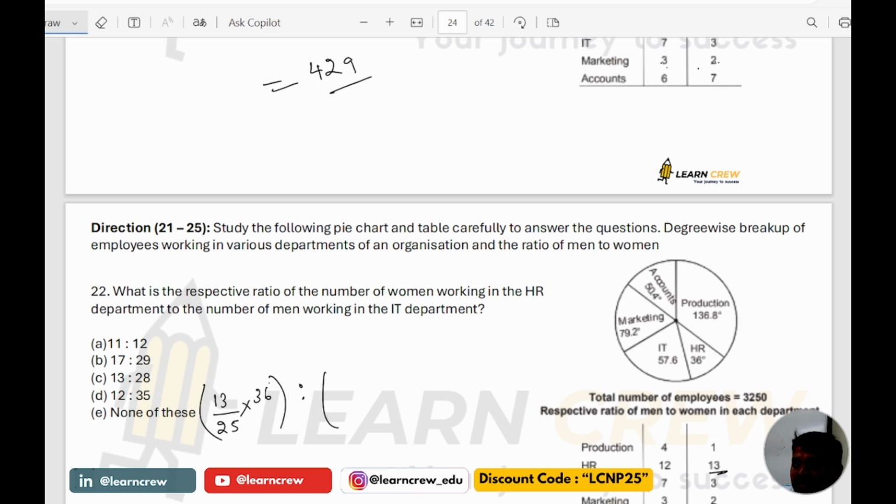Women HR, how much? 13 out of 25. Total HR, how much? 36 degrees. Okay. In the IT department, number of men, how much? 7. So 7 by 10 out of IT total, how much? 57.6. Now, if you simplify this, how much you are going to get?